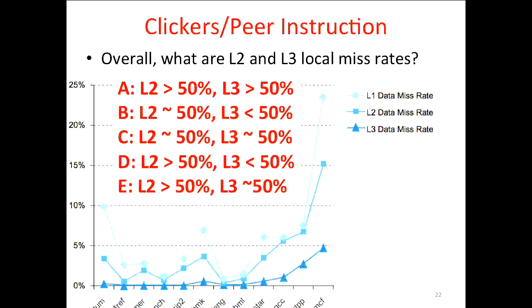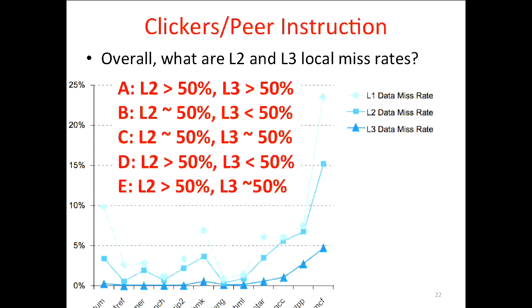And if you look at L3 on the other hand, remember it's relative to L2. So L3's miss rate is usually significantly less than half of the miss rate of L2. So the correct answer is D. And you should be able to do that by quickly eyeballing the ratios.